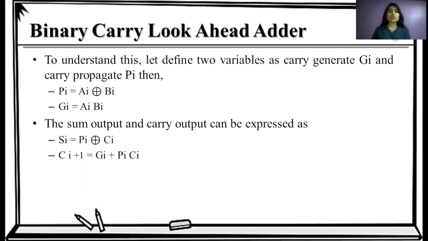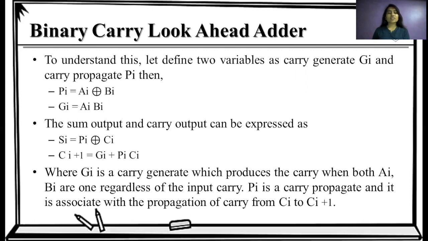The sum output and carry output can now be expressed as Si equals Pi XOR Ci, because basically we have sum S equals A XOR B XOR C, which can be represented as Pi XOR Ci, and Ci plus 1 equals Gi plus Pi into Ci, where Gi is a carry generate which produces the carry when both Ai and Bi are 1 regardless of the input carry.